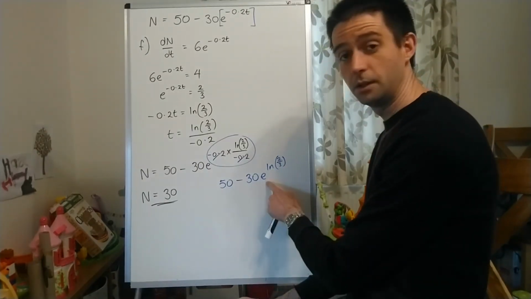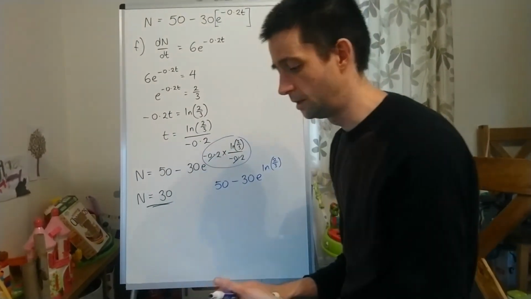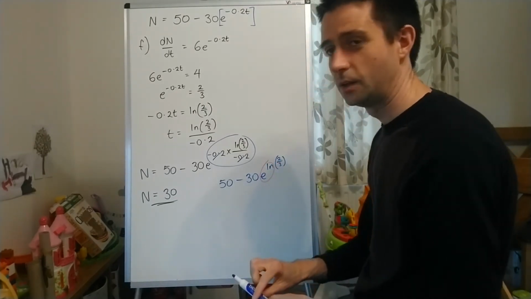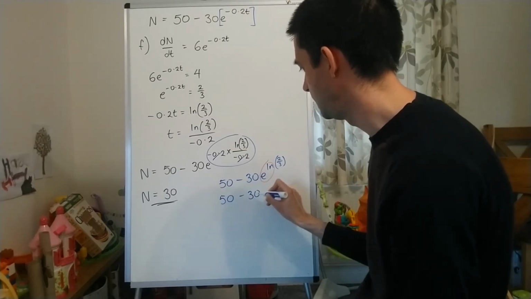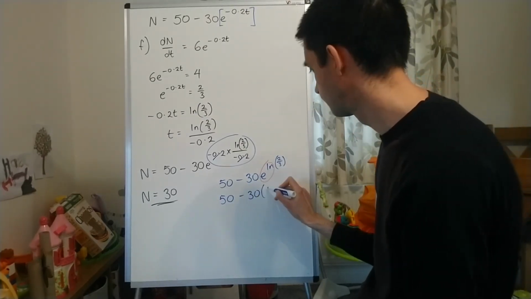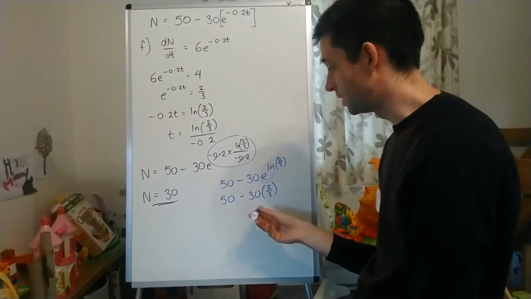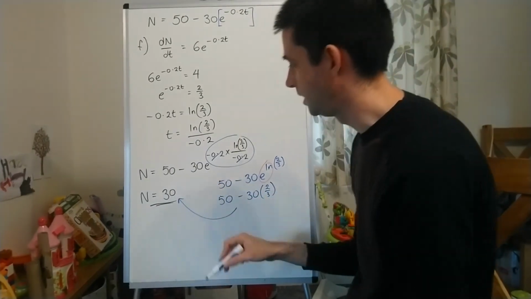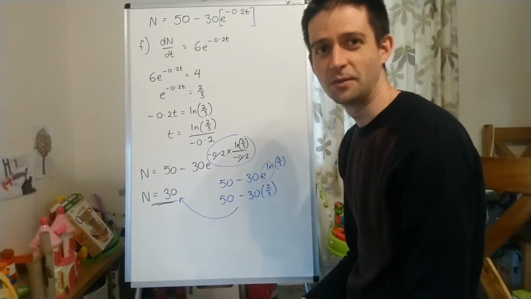What do we know about e and ln? They're inverse operations of each other. So these two things here, e and ln, are going to cancel each other out. So what I'm then going to be left with is 50 minus 30 times by 2/3. 2/3 of 30 is 20, and 50 take 20 is 30. Beautiful exact answer. Personally, I find that deeply satisfying.